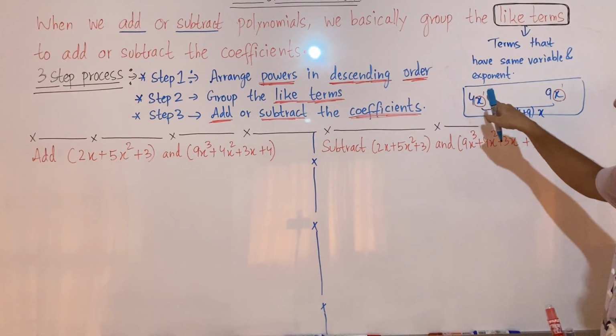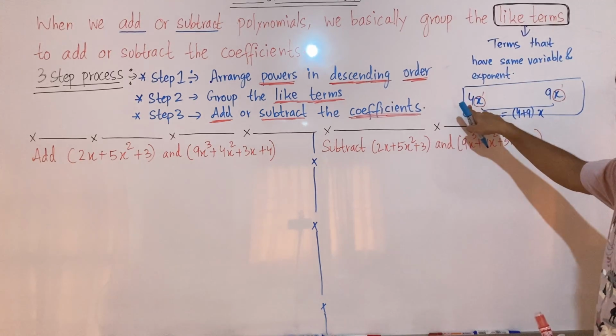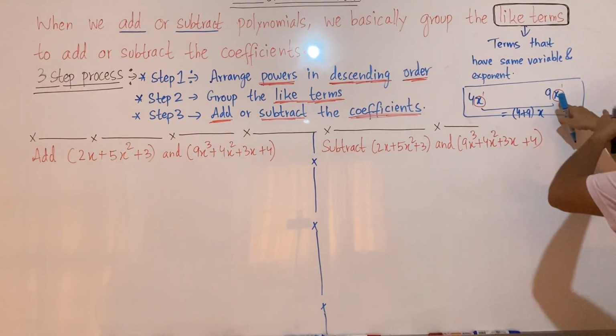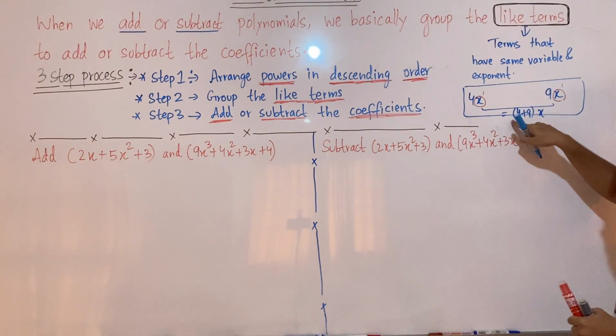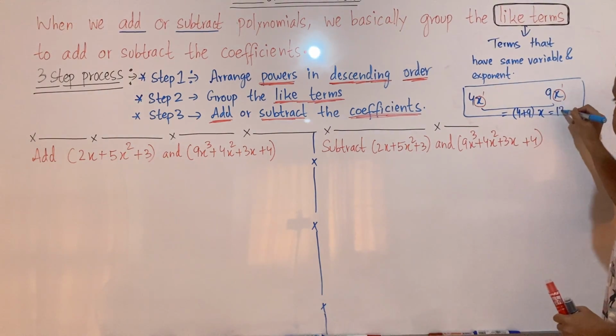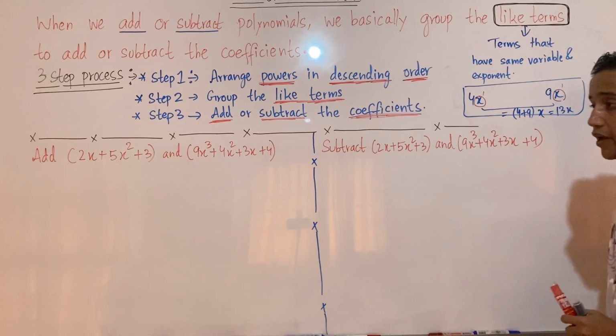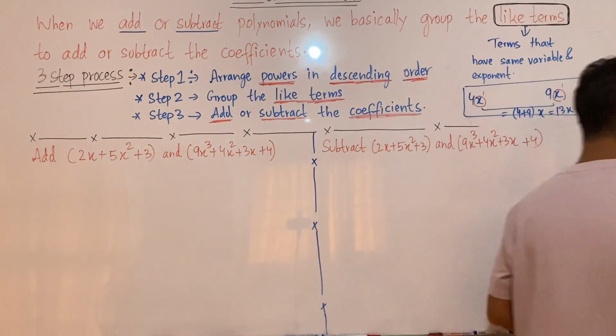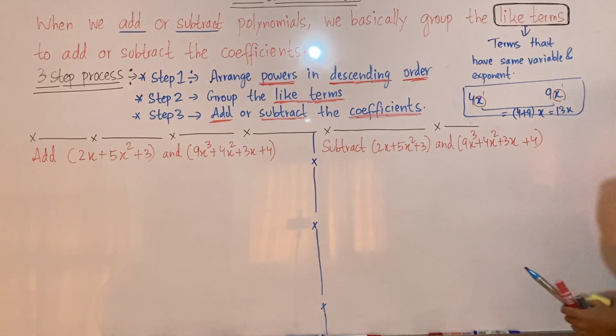The coefficient of x here is 4, and the coefficient of x in this term is 9. So I will just simply add the coefficients. Okay, so the same goes in case I'm subtracting these.